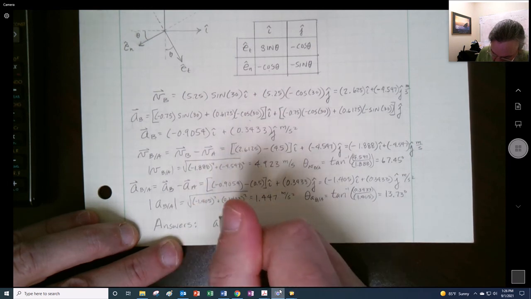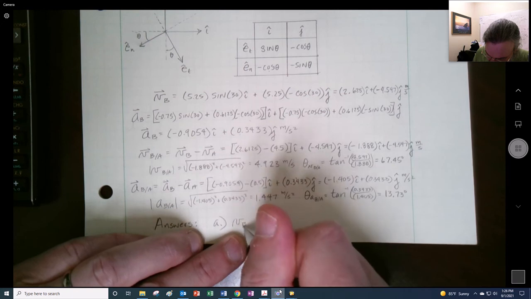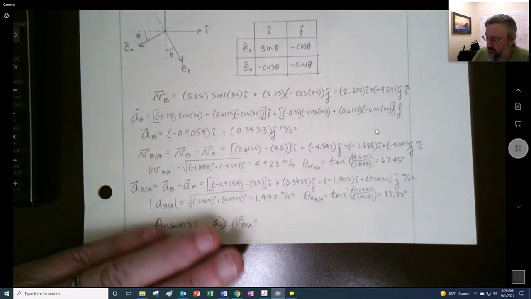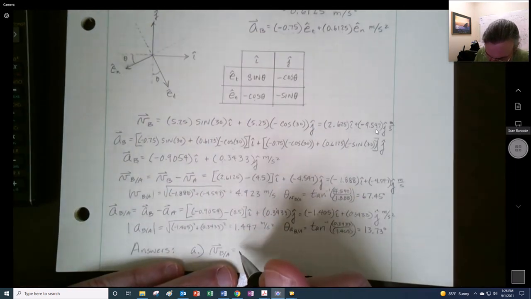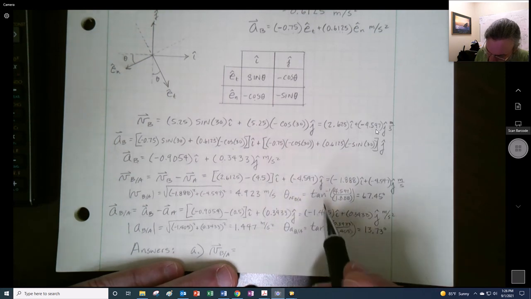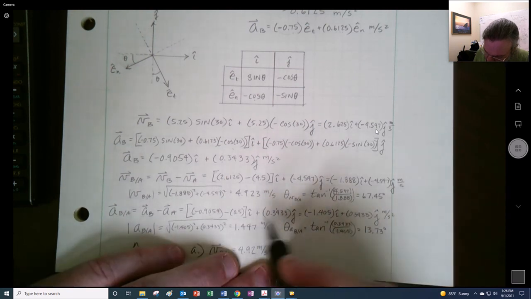I can say the velocity of B with respect to A is equal to, so it always happens at the 20-minute mark. Velocity of B with respect to A is going to be 4.92 meters per second, and what did I say?